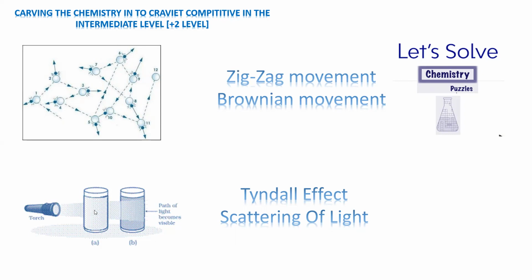But when the torchlight passes through a true solution, we can't notice where the light is passing. The path of the light becomes visible in a colloidal solution purely because of the scattering of light.